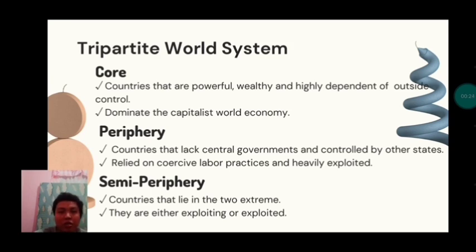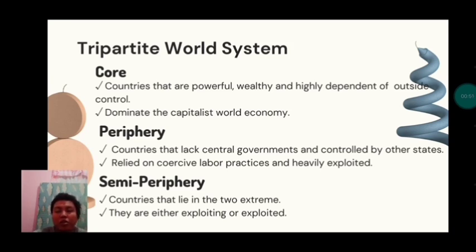Second, the socialist world economy, and last, the underdeveloped world economy. In other words, these are the core, periphery, and semi-periphery. This model emphasized the interconnectedness of the global economy and the ways in which economic and political systems shape the distribution of wealth and power between regions.